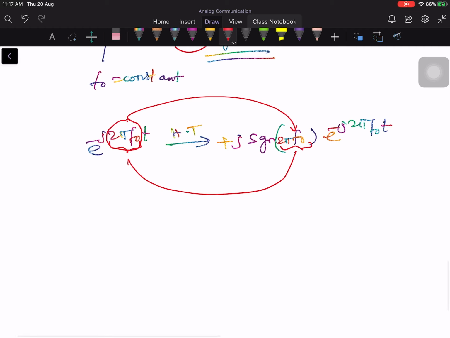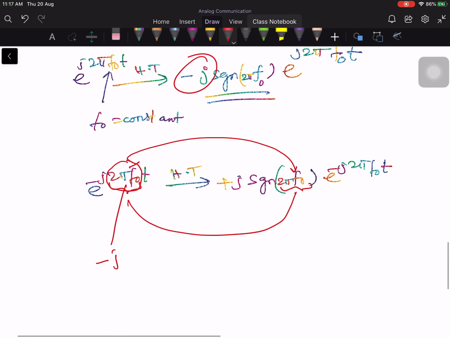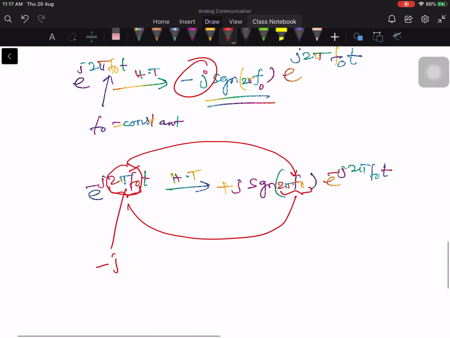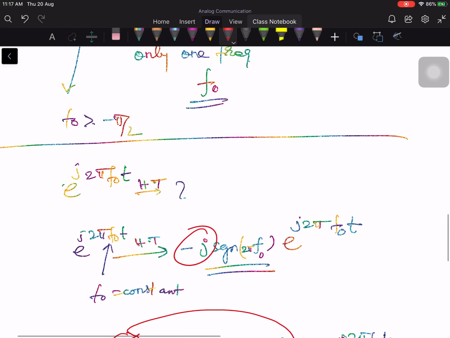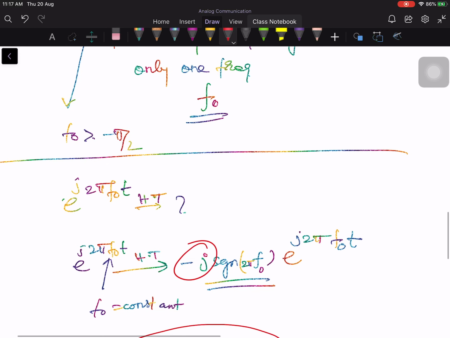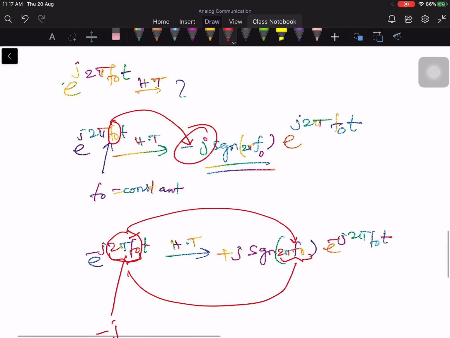So whether it gets multiplied by minus j or plus j will depend on whether the exponent is positive or whether it is negative. Okay, if this frequency is positive, then you multiply by minus j. If the exponent is negative, then multiply by plus j. See here, this is positive, therefore you multiply by minus j, and here this is negative, you can bring this inside, then it is negative, so you put plus here, that's it.